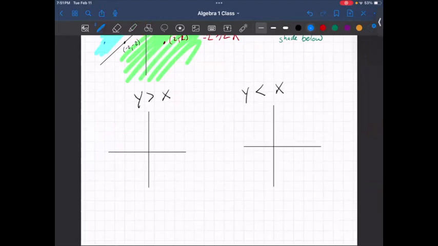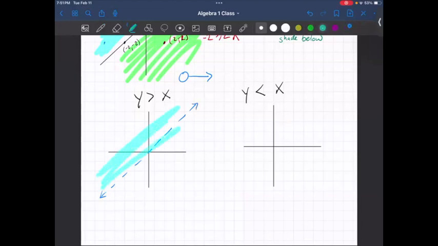Now remember when we did x is greater than, we did an open circle, right, to show that it's not equal to that point. For a graph like this, we're going to use a dashed line instead of a solid line to show that it's not equal to that line. And then shade above.